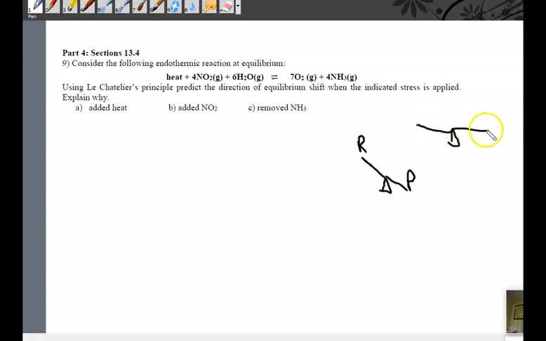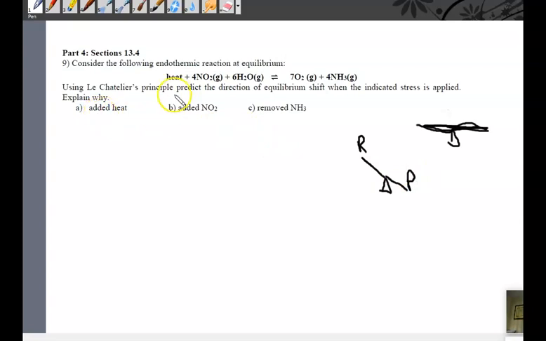That's supposed to be a straight line, by the way, guys. I'll do my best to get it straight. So if this side is higher, this needs to come down in order to get equal, and the product side needs to go up. So if I'm increasing the reactant side, these reactants have to react and start forming more product. By forming more product, the reaction is going towards the product side.